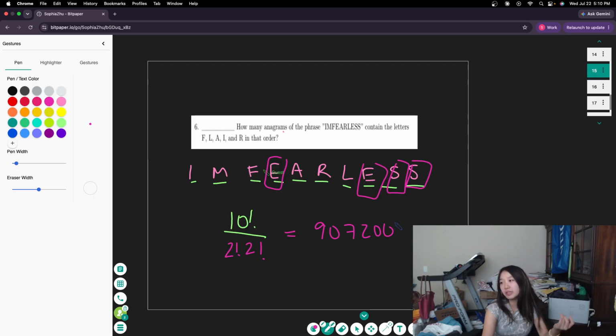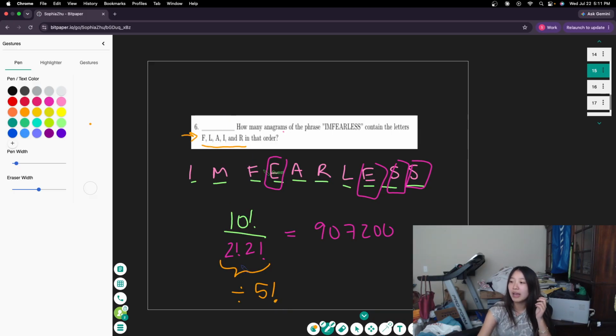The reason you don't need to compute it is because of our condition, which says that we want F-L-A-I-R in that order. Out of all the ways we can arrange F-L-A-I-R, that's 5 factorial, only one of them is going to be the order that we want. So we take this original number and divide by 5 factorial, because out of all the 5 factorial options, only one gives us these letters in that order.